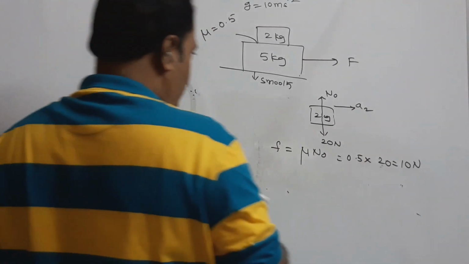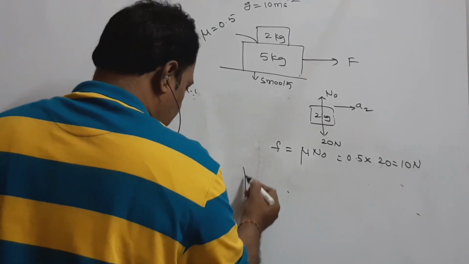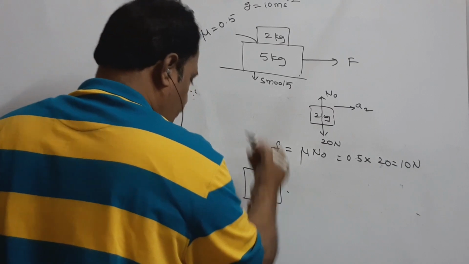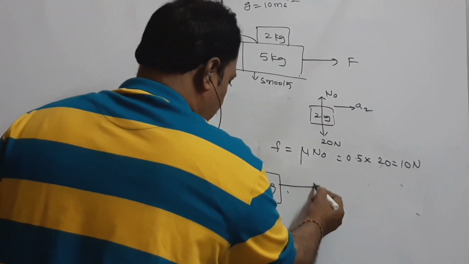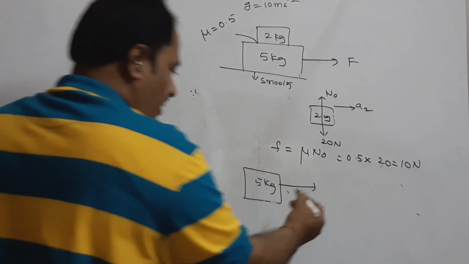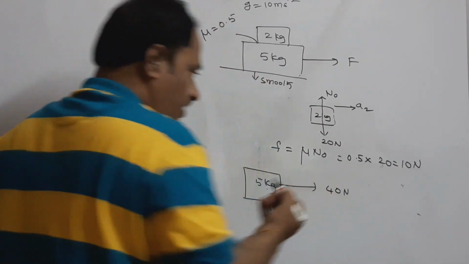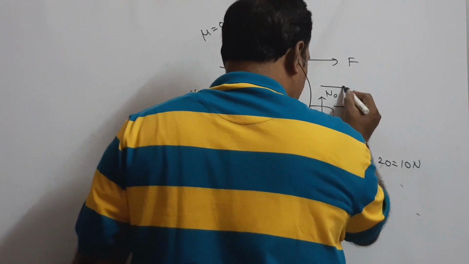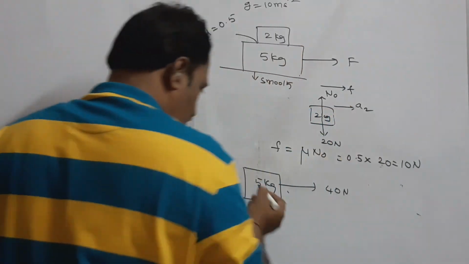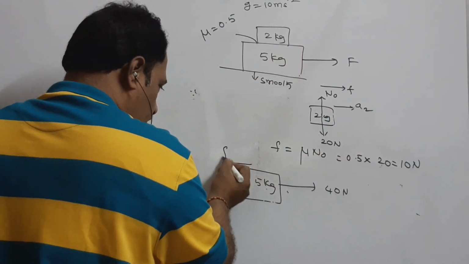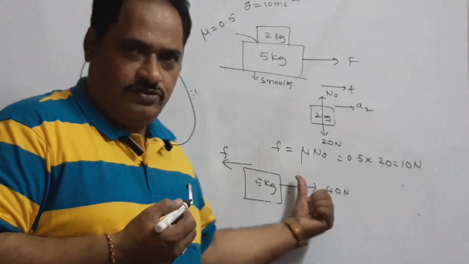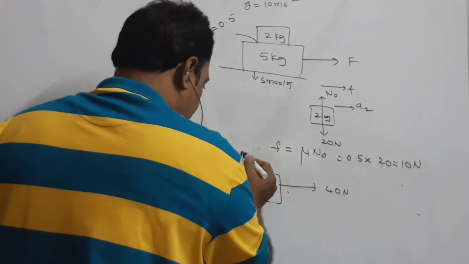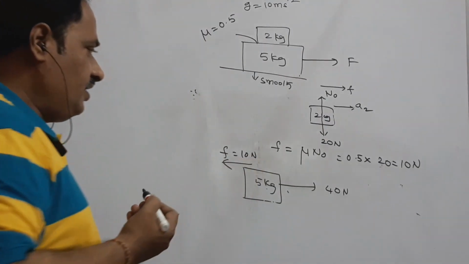Now for the lower block, this is 5 kg. Here we are applying 40 Newton. If this is the frictional force direction on the upper block, on the lower block we consider the opposite, just like an action and reaction pair. Here you can take 10 Newton.